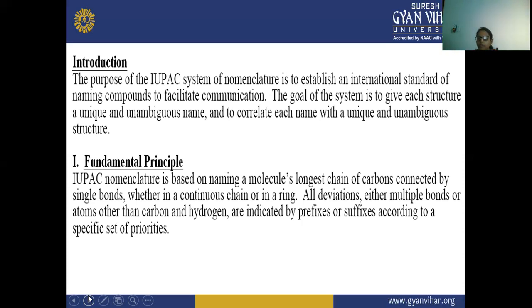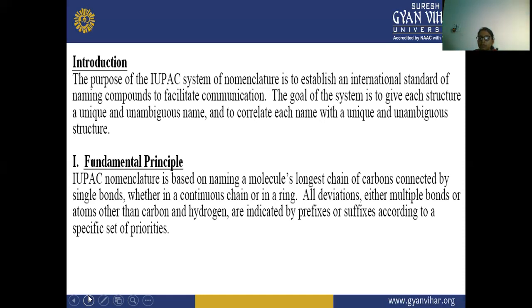So the purpose of this IUPAC system of nomenclature is to establish an international standard of naming compounds, to facilitate communication, and the goal of the system is to give each structure a unique and unambiguous name, and to correlate each name with a unique and unambiguous structure.